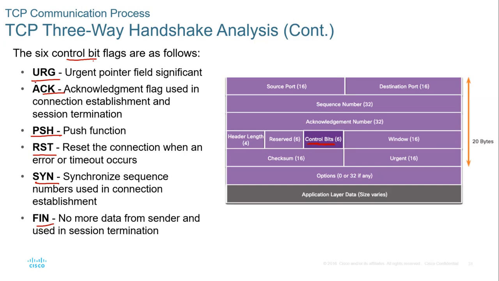Depending on what it is: if it's urgent, then it's turned on; if it's an acknowledgement, it comes in; a push function, it is turned on; a reset, it is turned on; synchronization is initialization; and the finish flag is used when the session is to be finished.